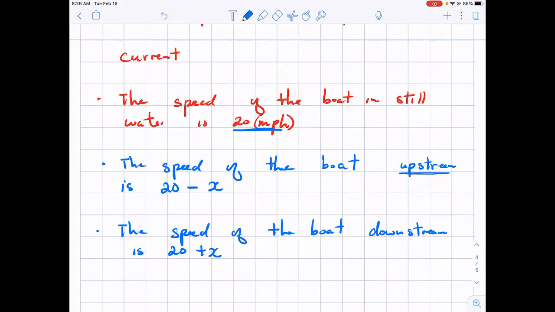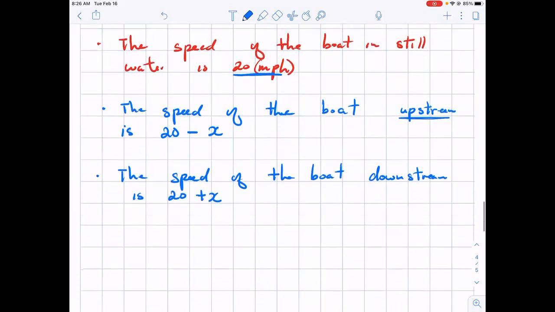The water is pushing you. You also have the distance downstream and the distance upstream.